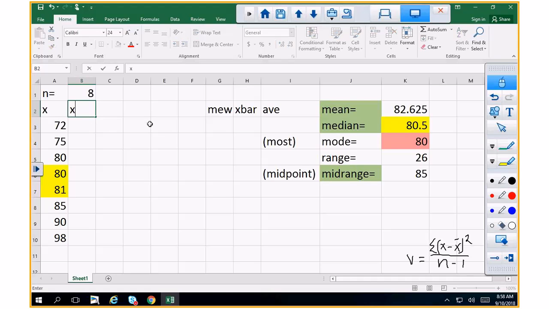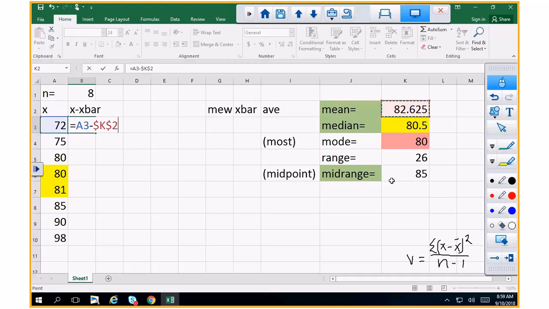X minus x bar. Now what is x bar? 82 point blah, blah, blah. And I'm going to hit F4. Now for those people that know what Excel is, what does F4 do? Anybody know? It locks it.